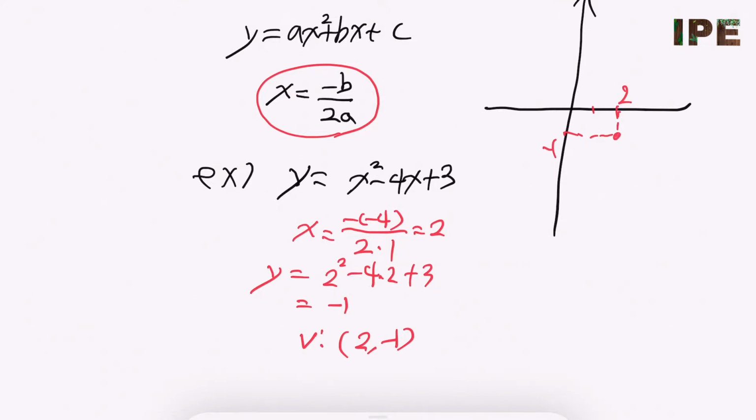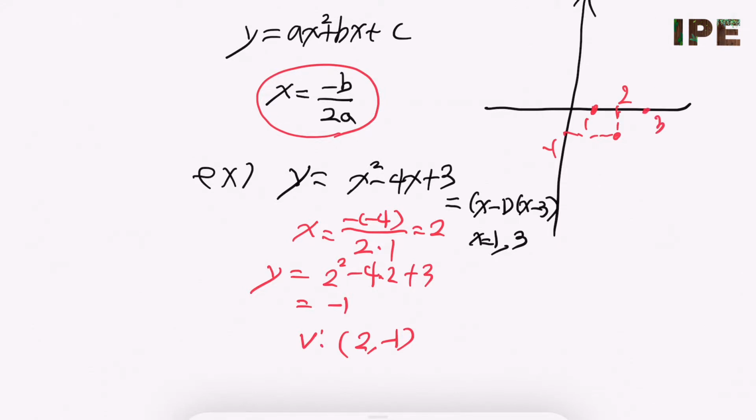I just told you the x-intercepts are the zeros of the function, and solutions of the equation. So factor: x minus 1, x minus 3 equals 0. So x equals 1 and 3.